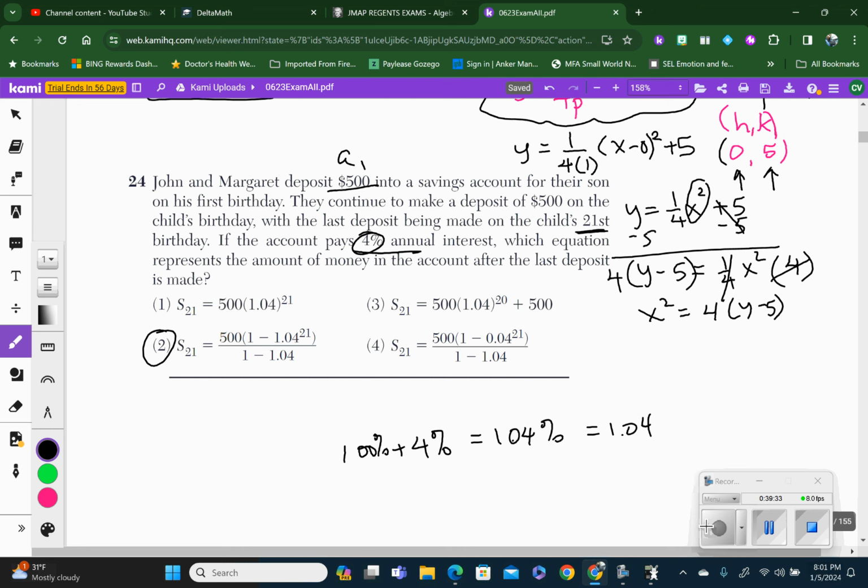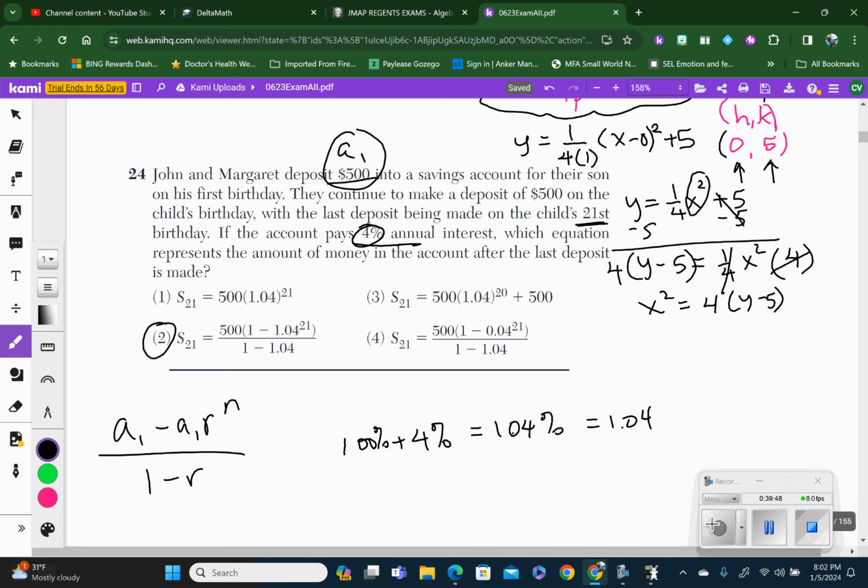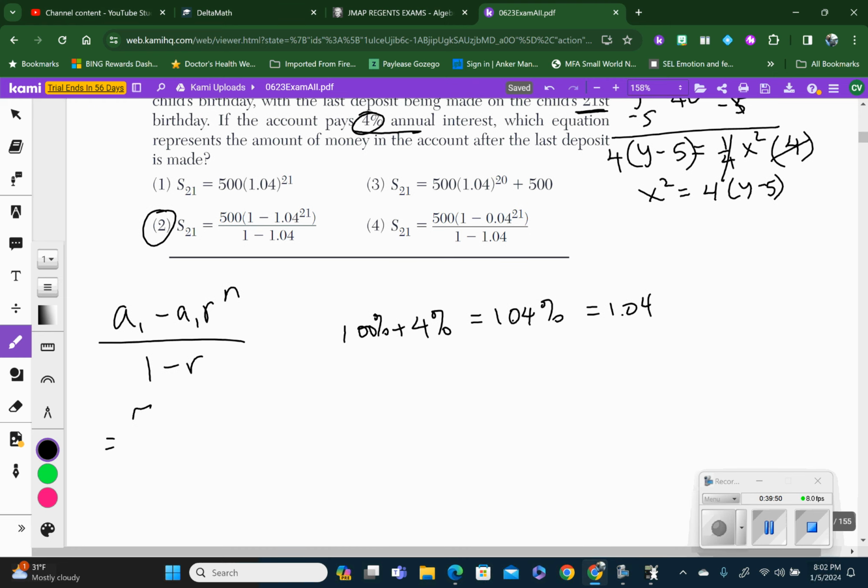Okay. So let me just go ahead and write our formula. So A1 minus A1, okay, times R to the N. So I'm going to go ahead and plug numbers in. So I'm starting with $500 as the deposit. So I'm going to go 500 minus A1 again, which is 500. My R is 1.04 to the N, which is 21, because we are stopping at the child's 21st birthday.